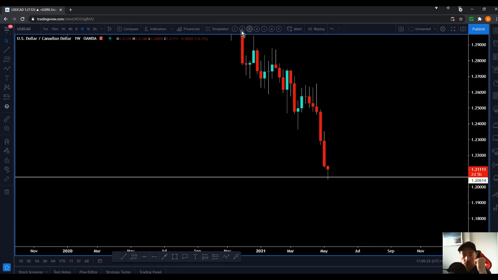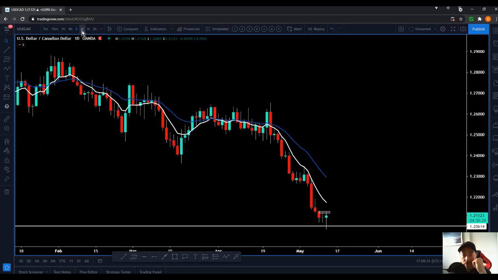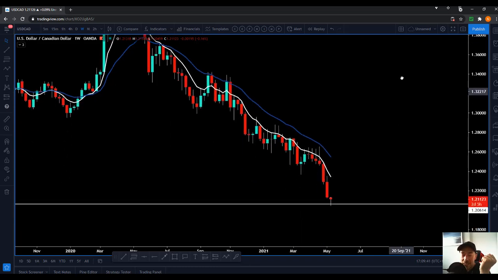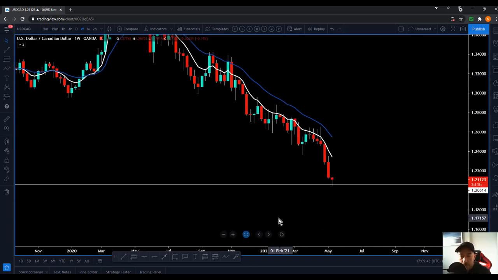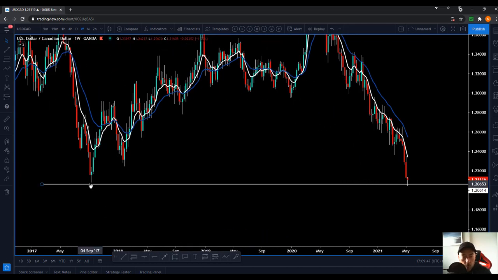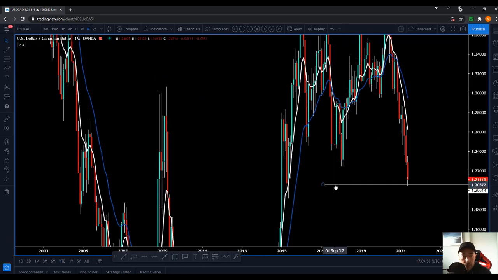dollar CAD has just been dropping for weeks now, since this high here in March 2020. Look, it's just been dropping, hasn't it? So this is a seller's market, do not get me wrong, but we are at a weekly, or even a monthly, you could say as well, level of support.